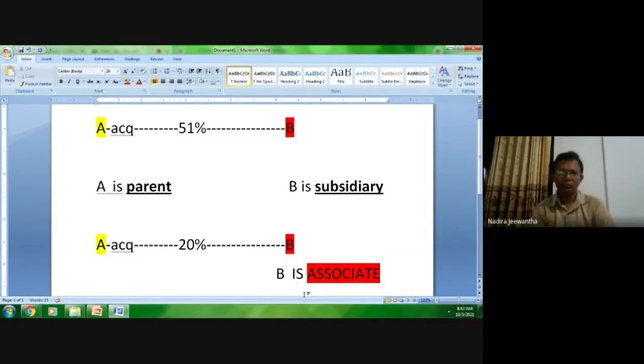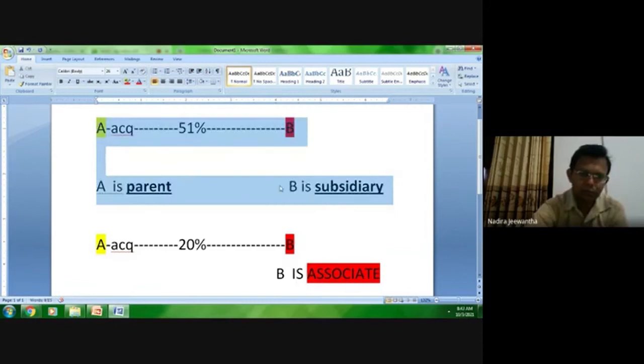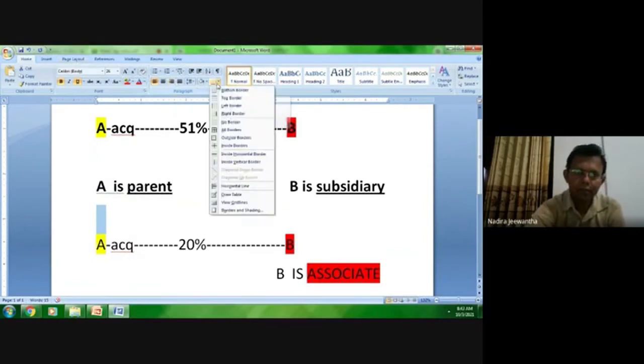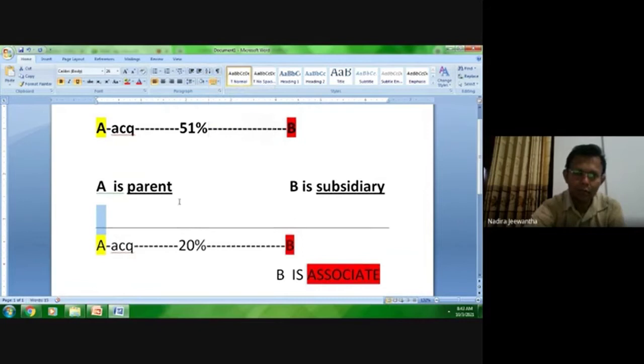Now, the first scenario: parent and subsidiary.